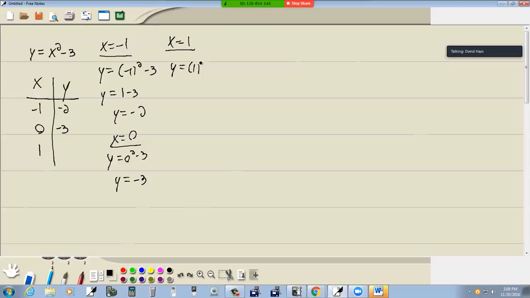So we've got y is equal to 1 squared minus 3. 1 minus 3, or negative 2. Now we got negative 1, negative 2, which is right there. We got 0, negative 3, which is right here. And we got 1, negative 2, which is right here.